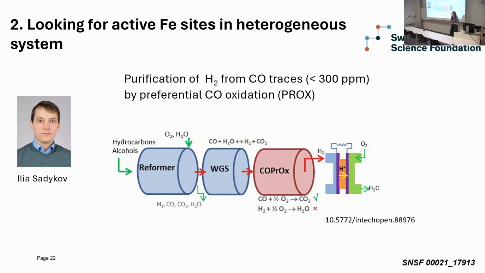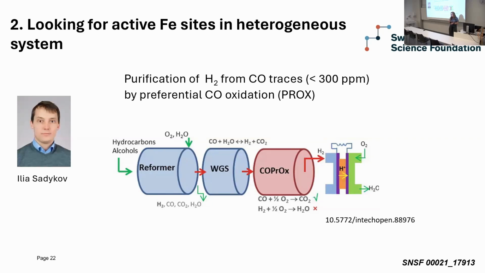So this hydrogen always contains CO impurities. Why is it important? Because if we use the hydrogen in low temperature fuel cells, CO can poison noble metals. They do not perform in fuel cells as well as they would in pure hydrogen. So elimination of CO is very important.